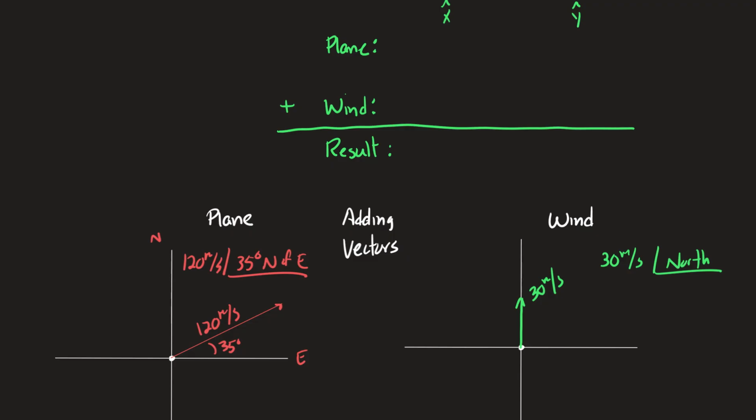So my plane is 120 meters per second, 35 degrees north of east. I need to convert that to rectangular. My wind is 30 meters per second, due north. I got to convert that to rectangular.